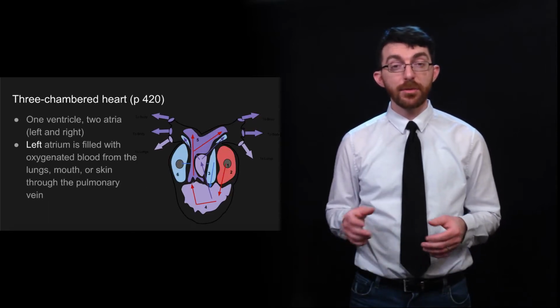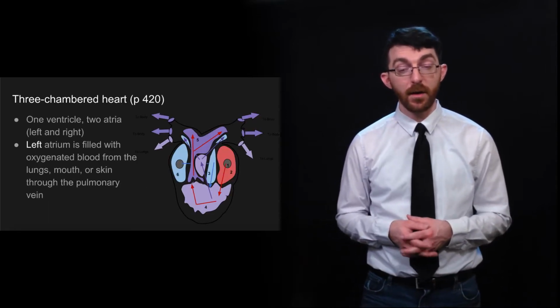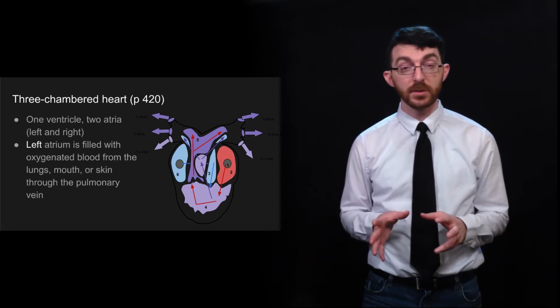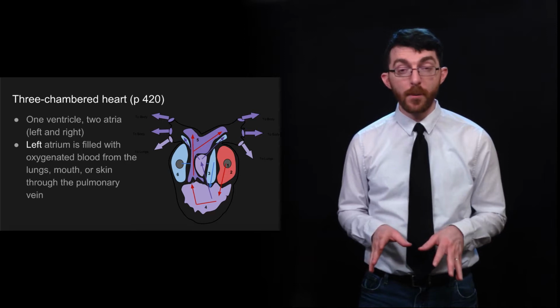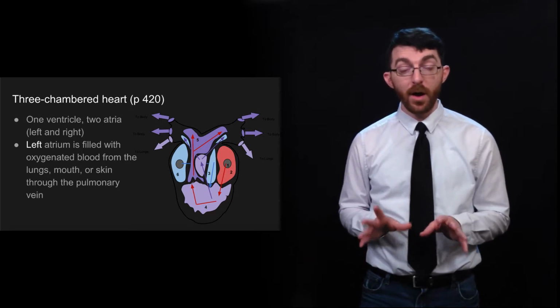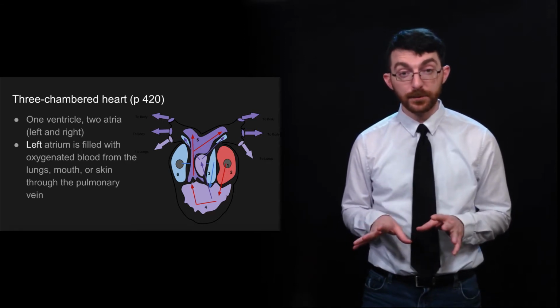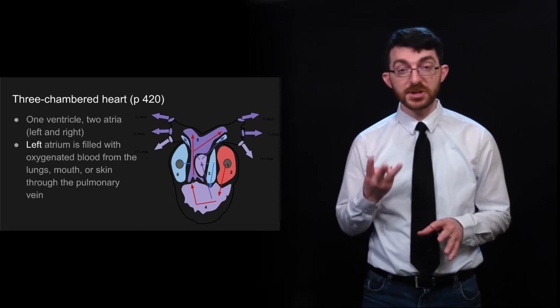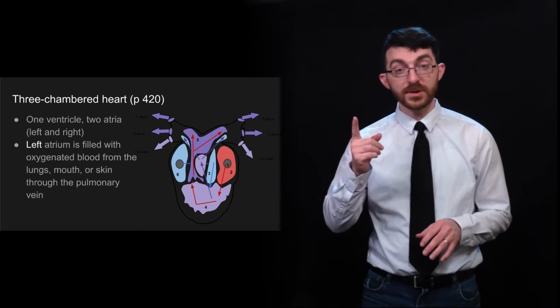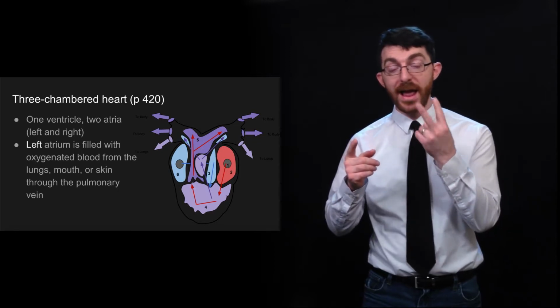So they also have a three-chambered heart. Now, the details of their circulatory system are a bit overwhelming, so skipping over all the details, let's just get the big picture. The three chambers are one ventricle and two atria.